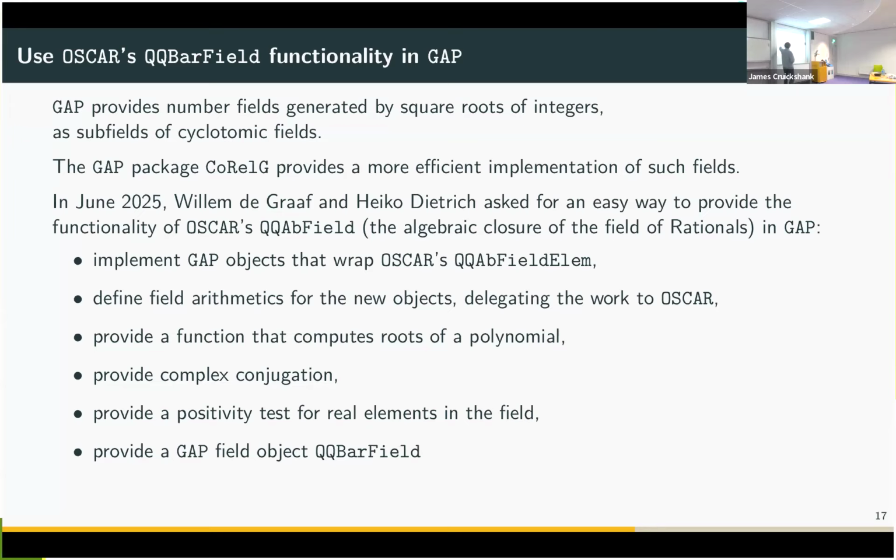So in June, the authors of the package, Wilhelm Graf and Friedrich, asked why aren't we able to use OSCAR's algebraic closure of the rational numbers in GAP? As we have seen already, there was an example where this algebraic closure was used. The idea is to have the elements stored in two ways, in an algebraic way and in a numeric way.